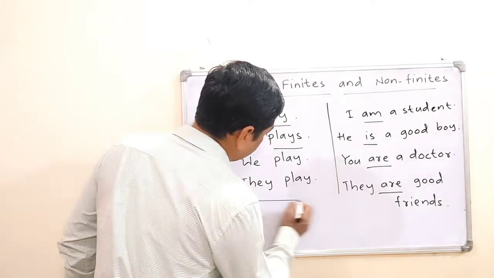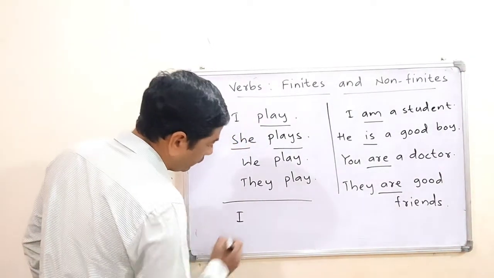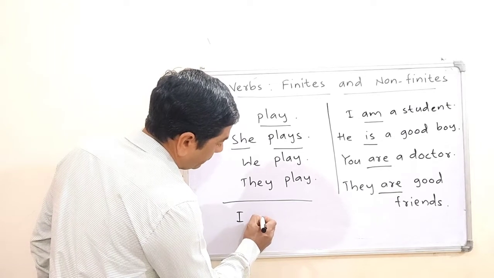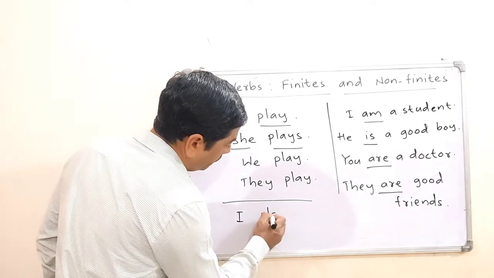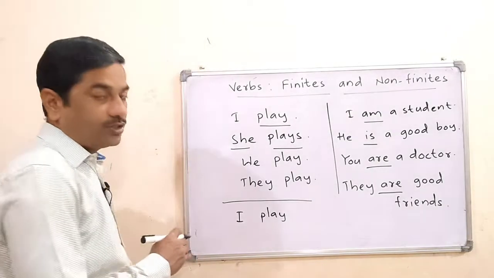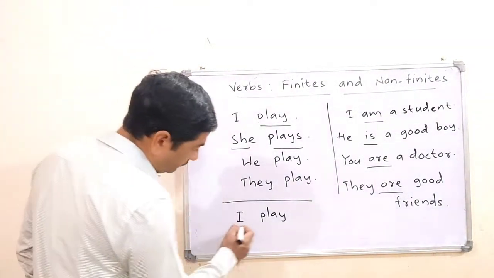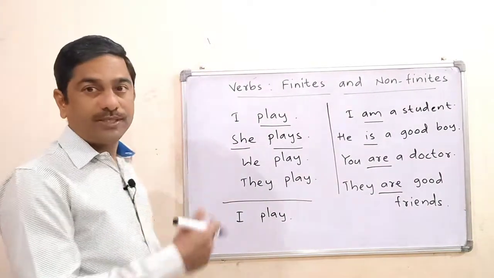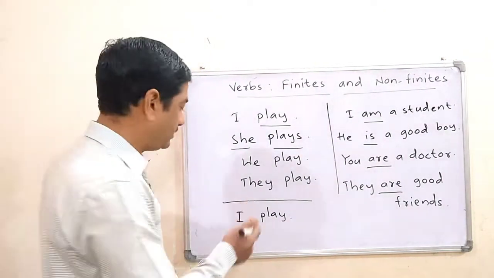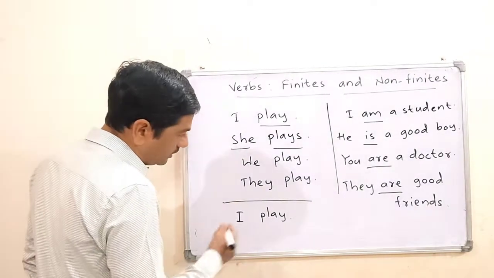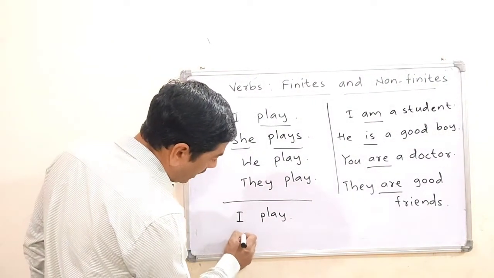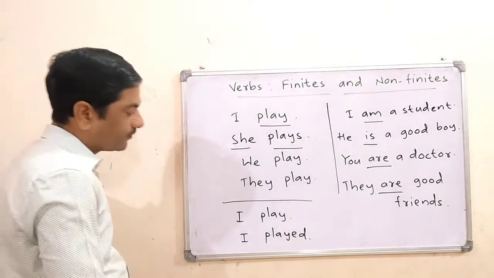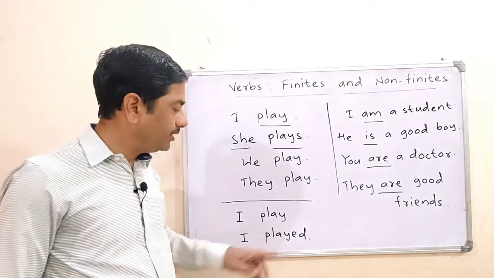See, I play. If you change the tense, in place of this simple present tense, if you make use of simple past tense, look how the sentence will be. I played.